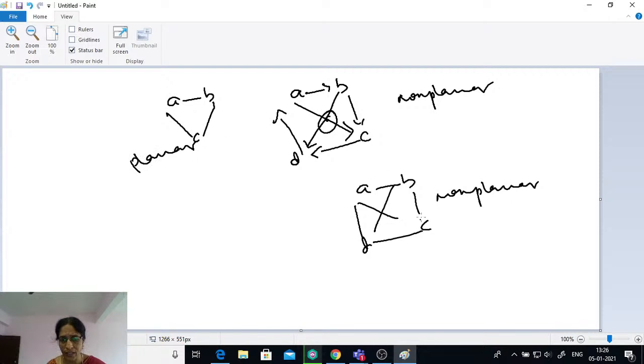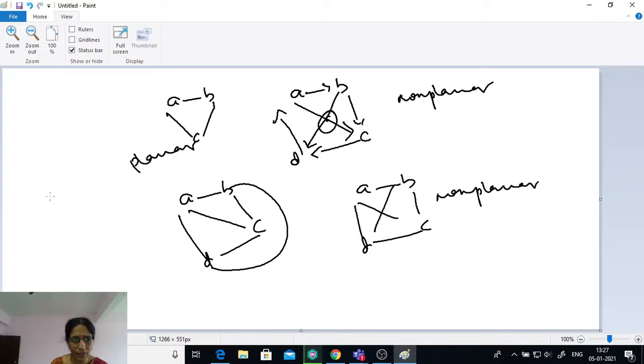How did we convert this into a planar graph? A to B and A to C are there, B to C is there and D, so there is one path from here to here. Now this is called a planar graph. If any graph is a planar graph, the Euler path exists, so this is also a Eulerian graph.